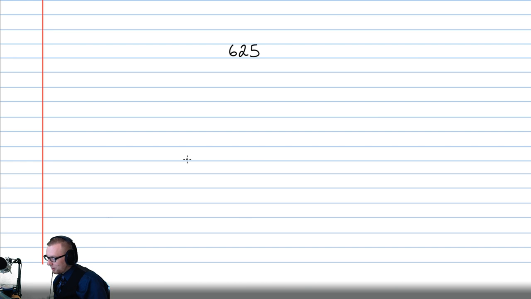First, start off with what numbers multiply to give you 625. 5? Sure, start with 5. So this is the factor tree. So 5 times what gives you 625? You know it.